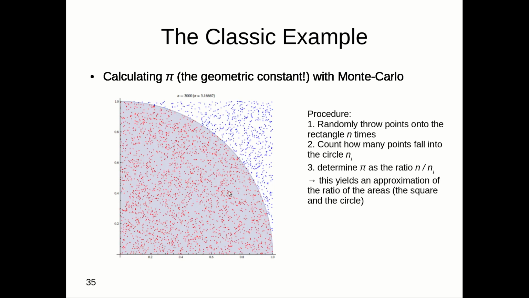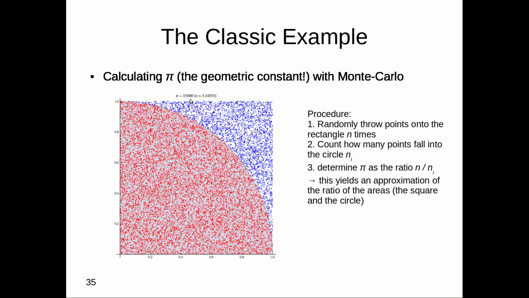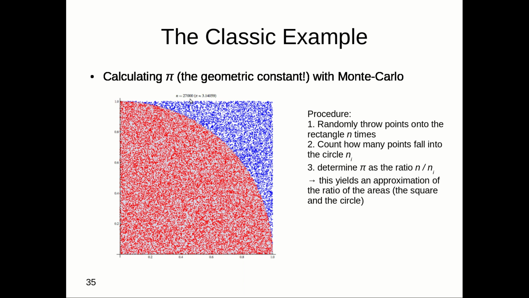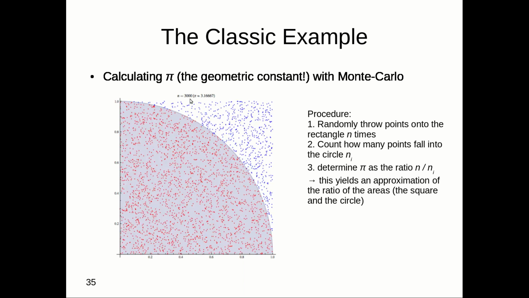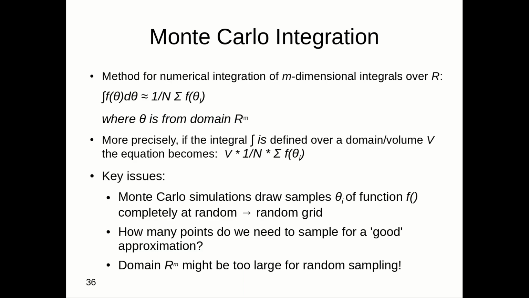And quite evidently, and you can see it here in the animation, the more points you throw at this rectangle, so the higher the n, the more samples you draw, the closer you get to the correct value of pi.